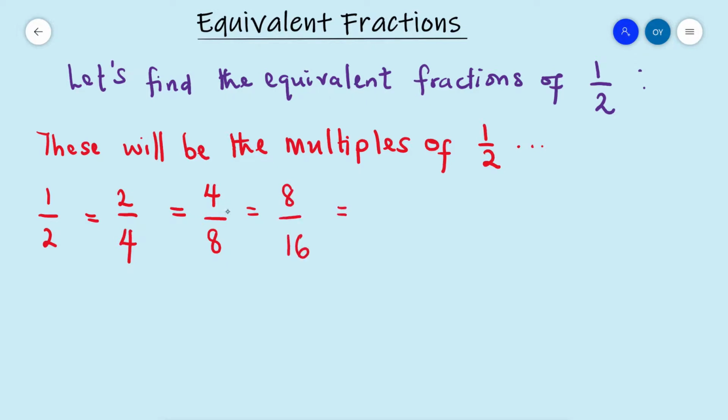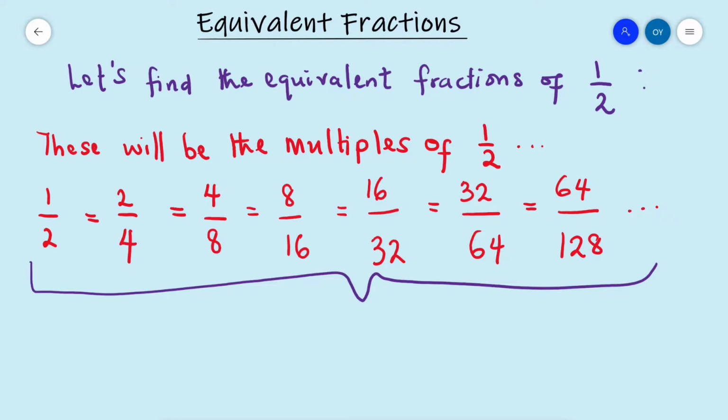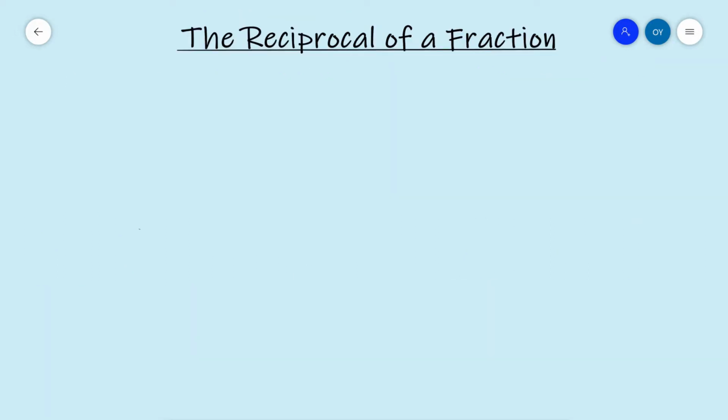So 1 over 2 equals 2 over 4, which is equal to 4 over 8, equal to 8 over 16, equal to 16 over 32, equal to 32 over 64, and this is also equal to 64 over 128. All these are equivalent to 1 over 2. By the time you divide 64 by 128, you have 1 over 2. So all these fractions are equivalent to 1 over 2.